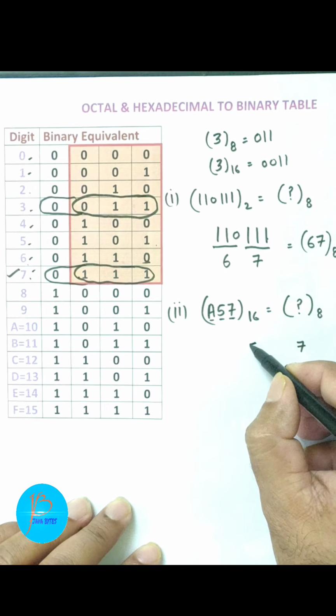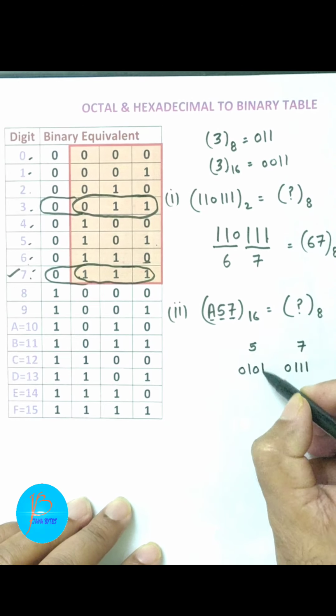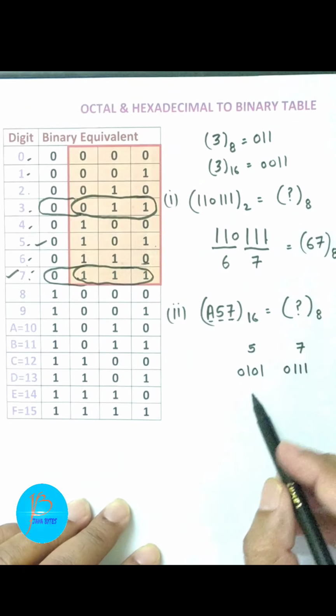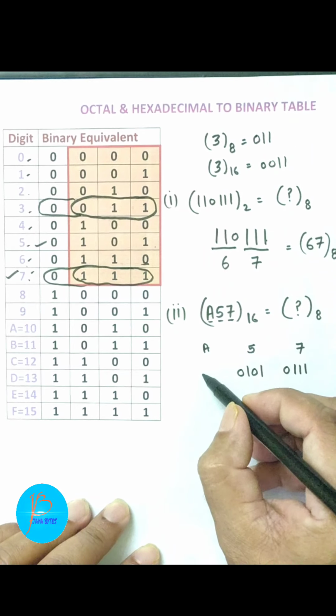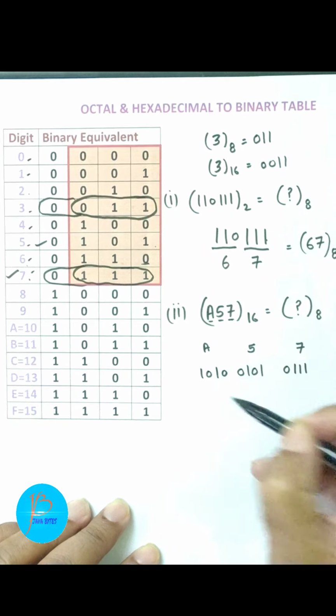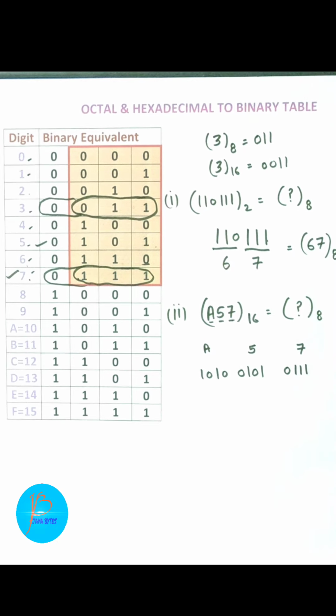Then another is 5, means 0101. From here we can see 0101. Then A means 10, and 10's equivalent is 1010. Okay children, in this way we copied all the binary equivalents of the three digits of the given hexadecimal number.